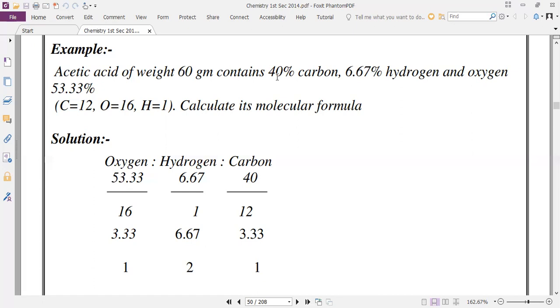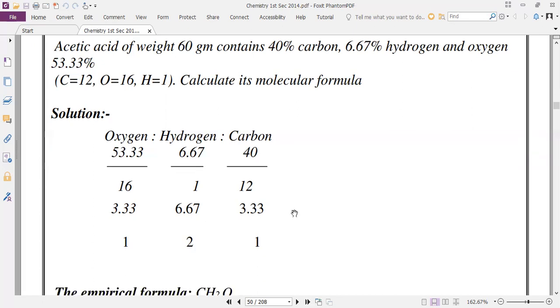So we are going to get the simplest ratio. We divide by the smallest value. Which smallest value? 3.33. So 3.33 divided by 3.33 equals 1. 6.67 divided by 3.33 equals 2. 3.33 divided by 3.33 equals 1.